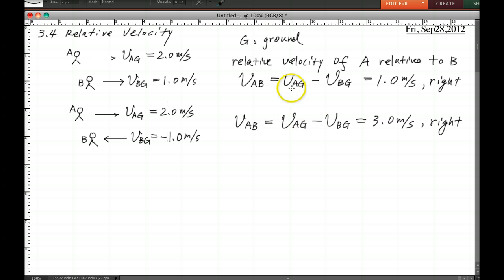Even though the situation is different, the formula is exactly the same.